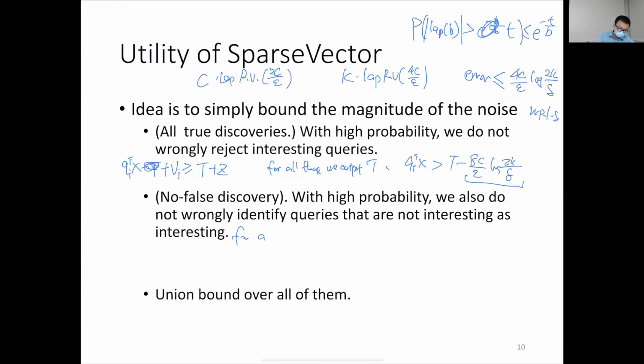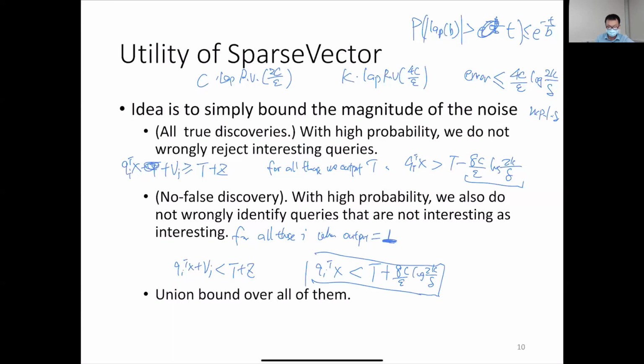Now for all those i where we output perp, which is an indicator for things that are not so interesting, using the same rule we can show that q_i transpose x is smaller than T plus 8C over epsilon log 2K over delta. So among those that we reject with output perp, the value cannot be too much above the threshold.